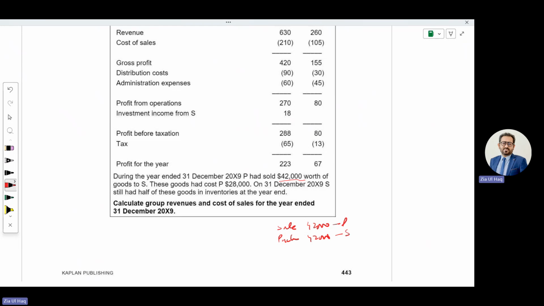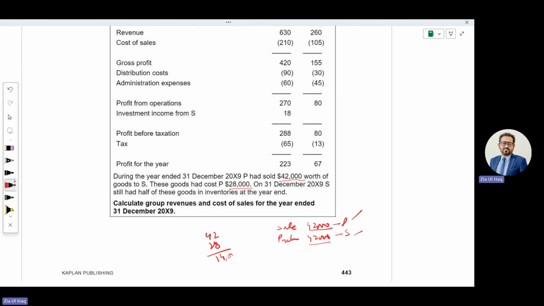Both we need to deduct from sale as well as cost of sale. In the consolidated financial statements, we will deduct 42,000 from sale and 42,000 from cost of sale as purchases. These goods had a cost of 28,000. This means how much is the profit that is unrealized in total? 42 minus 28, how much is that?